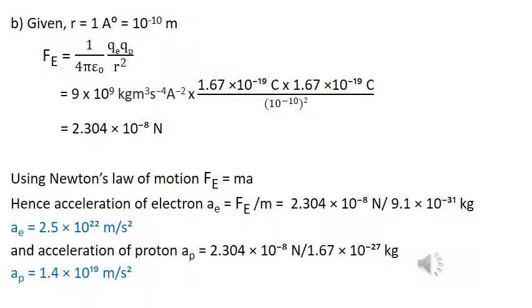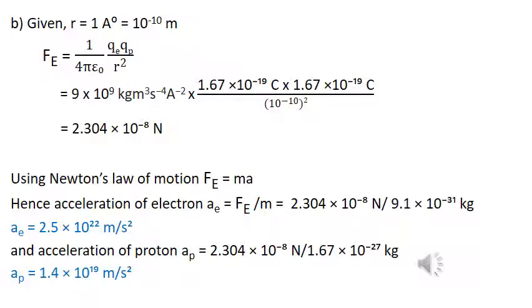By putting all the values, we get the numerical value of electrostatic force 2.304 into 10 to the power minus 8 Newton. Now we know that electron and proton have opposite charges, therefore they attract each other.